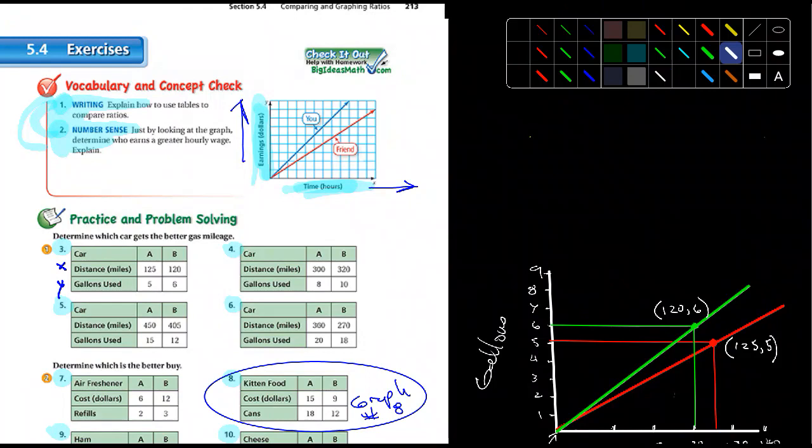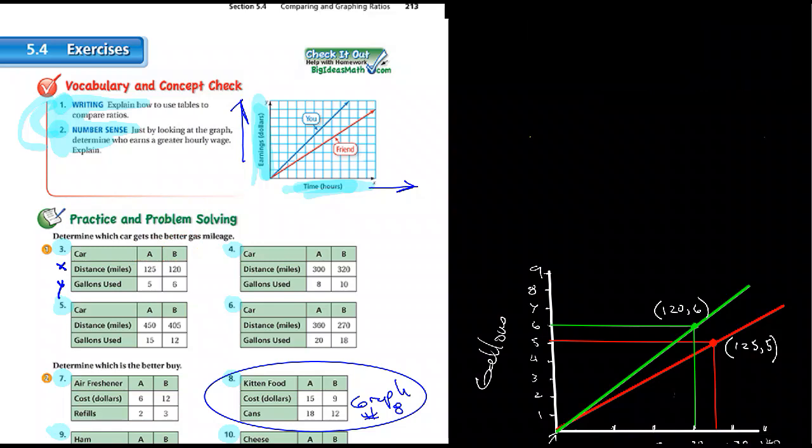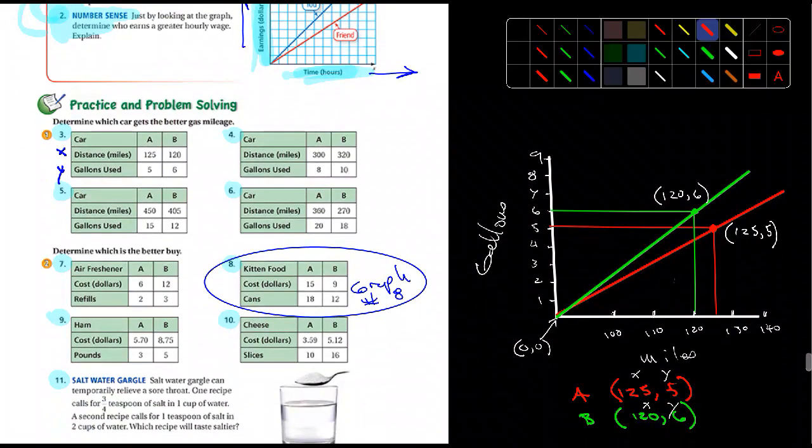So if you look at it here, you can see there's car A and car B. Well, let's figure that out and set the graph aside. Because right now, the only one I want you to graph in all these problems is number 8. You can see it right there. I want you to graph number 8, and you'll do it by hand, just the way I showed you.